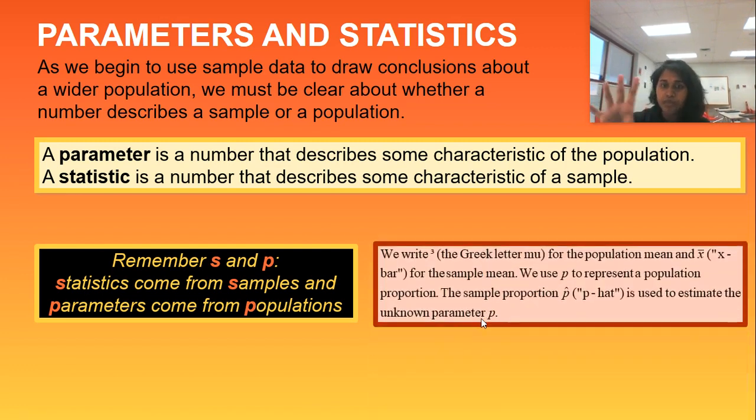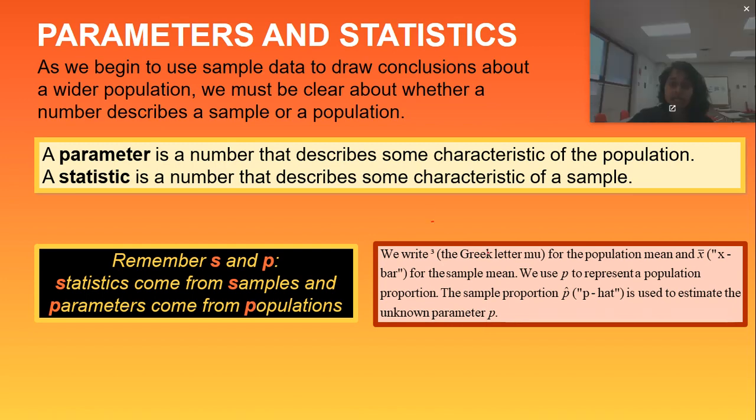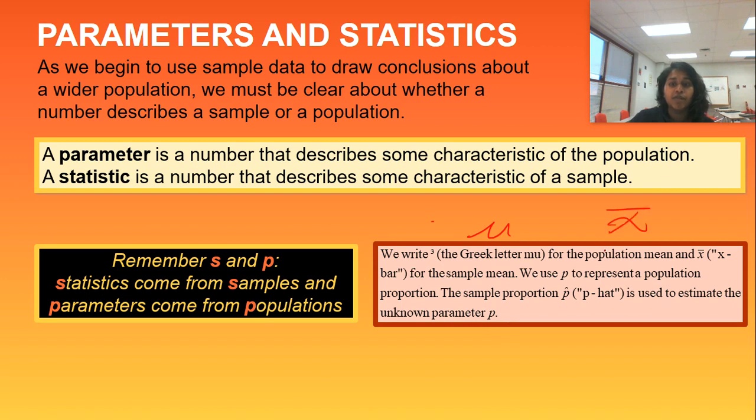Just a recall: we write the Greek letter mu for the population mean, and we write x bar for the sample mean. We use p to represent the population proportion; the sample proportion would be p hat, et cetera. That's just a reminder of what our variables and notation are.